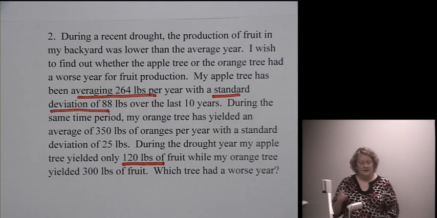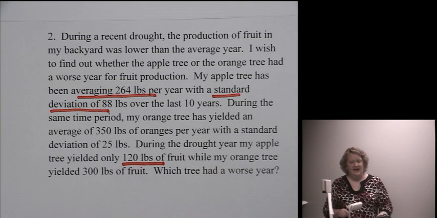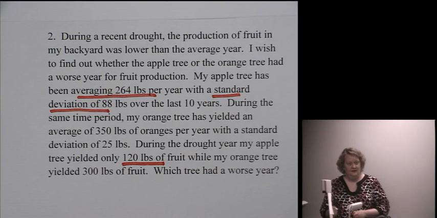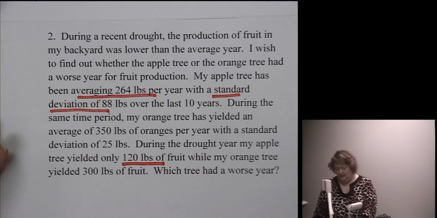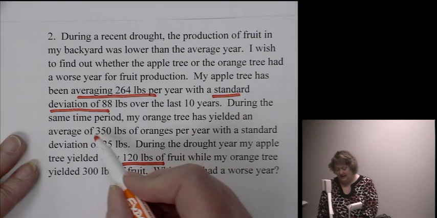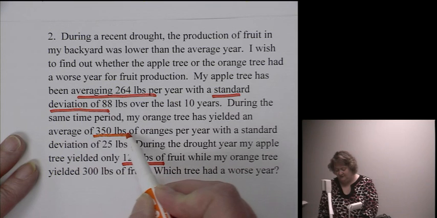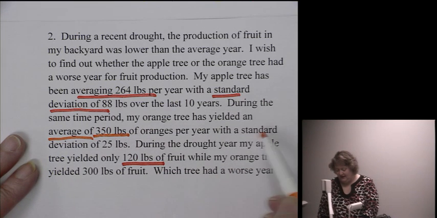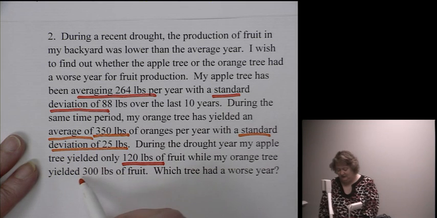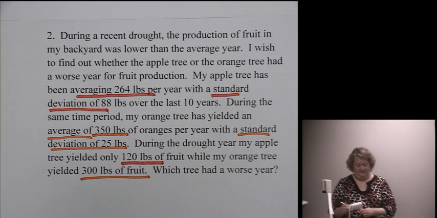Notice how I went through and picked out the information that had to do with the apples. Now I'm going to go back and pick out the information that has to do with the oranges. Well, my orange tree had an average of 350 with a standard deviation of 25 and yielded 300 pounds.